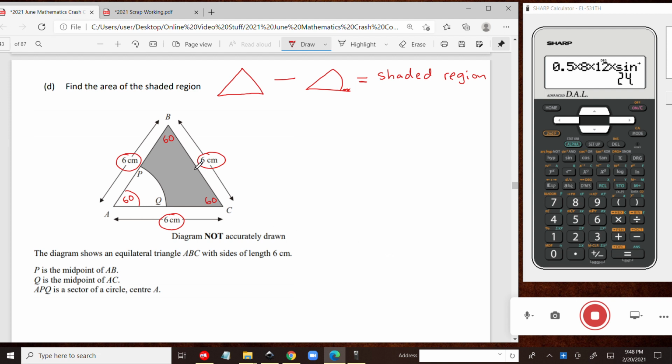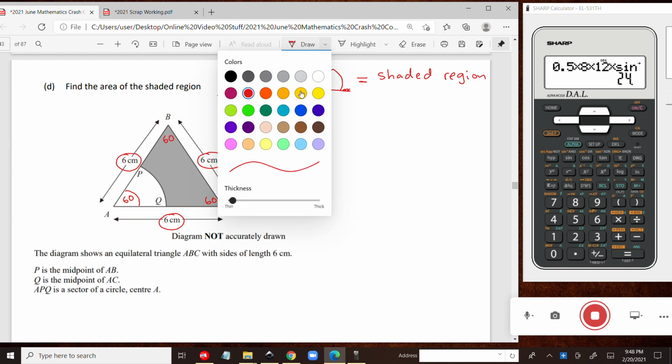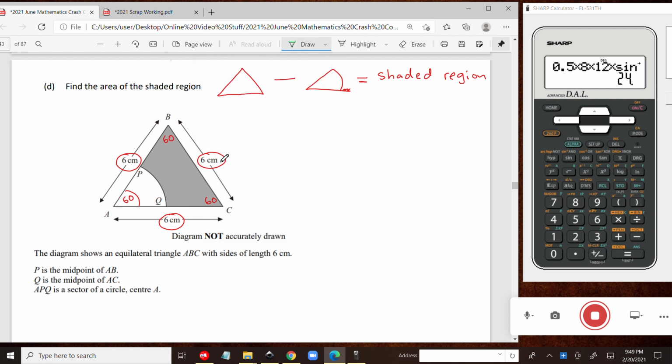So to find the area of the triangle, now we have 3 sides and 3 angles. Let's just choose, let me change the color. I'm going to use green. These are the 2 sides I'm going to use. I'm going to choose this 6 and this 6, and this will be my angle in between.